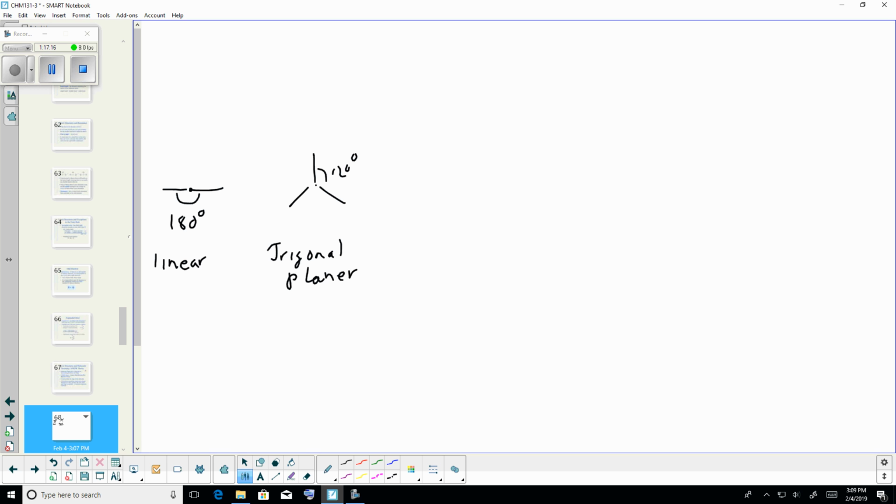Four things. How far apart can we put four things? 45? No. 90? No. 90 is good for two dimensions. This is three dimensions. Turns out if you do it, you get this shape. They're 109.5 degrees apart.